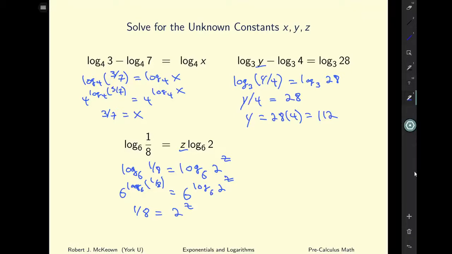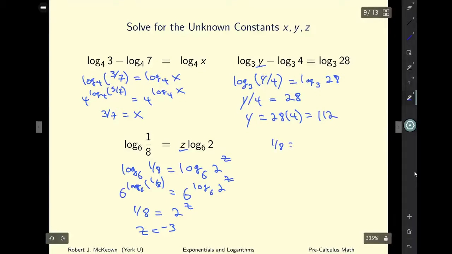Maybe there's a few ways to go about this, but just looking at it, I know that the answer has to be z is equal to -3.